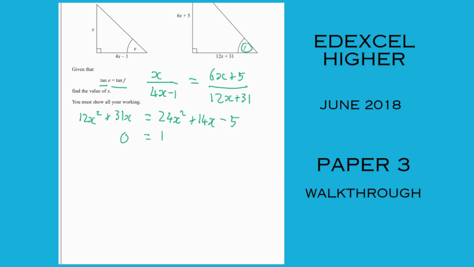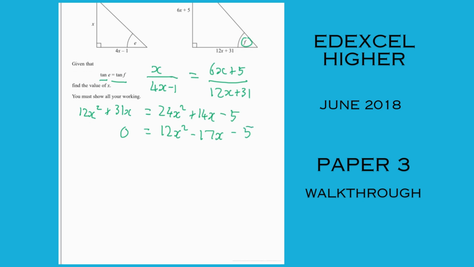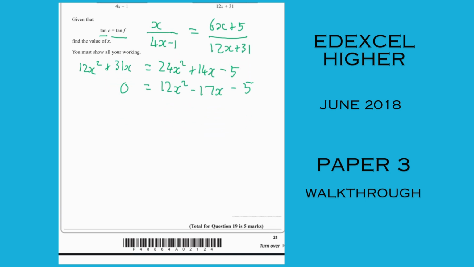Subtract 12x squared from both sides. Subtract 31x from both sides. And the minus 5 has nothing to simplify with. As always with these, if you want to solve it, if you don't like the AC method, go to calc paper, feel free to use the formula.